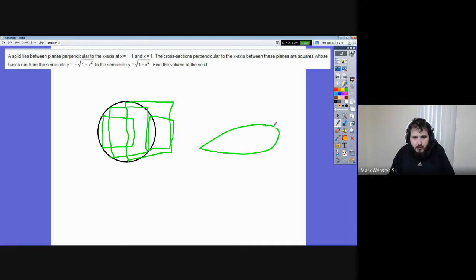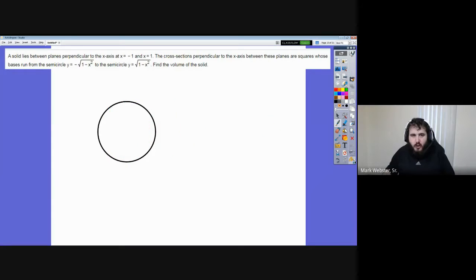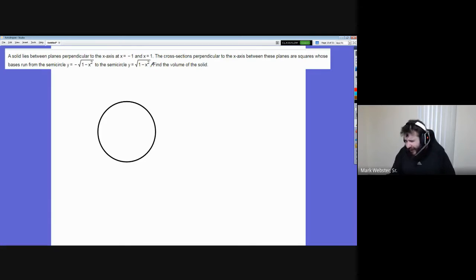Oh, not bad. Kind of like this, and then it comes back in, and there's the base. So that's the shape we're talking about, and each of these cross sections is a square that sits on that circle. What I really care about is the area of the square, because if I can figure out the area of the square, I can just integrate from one piece to the other and then I'm done, right?